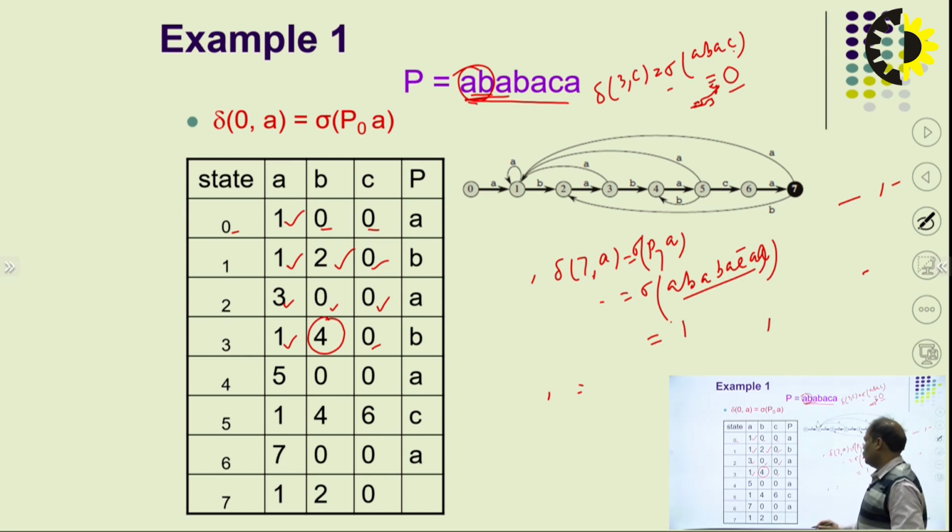So its length is 1. So we can get that this is 1. Similarly, all other transitions can be defined.